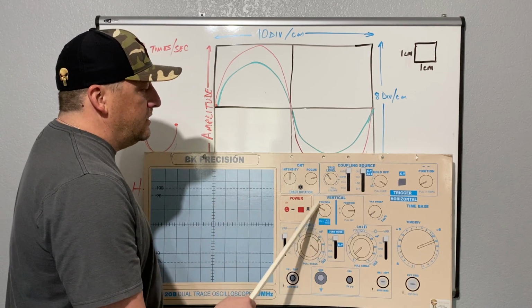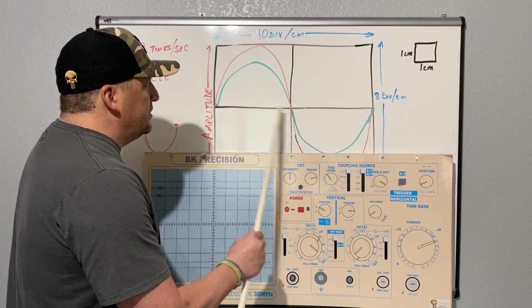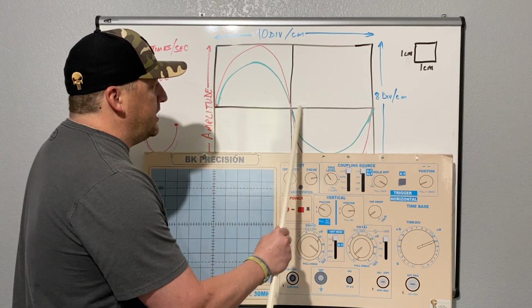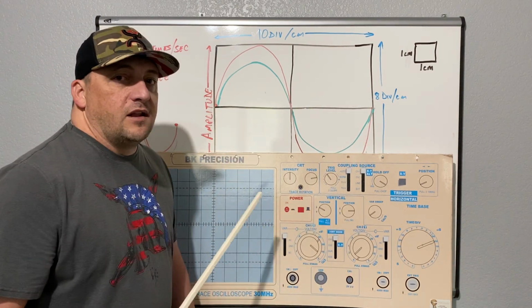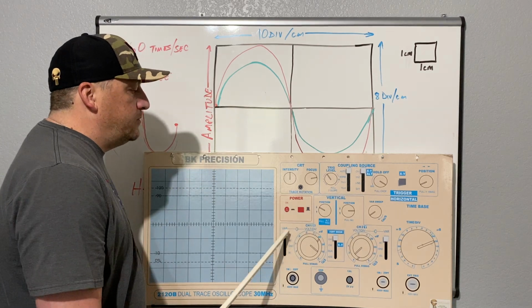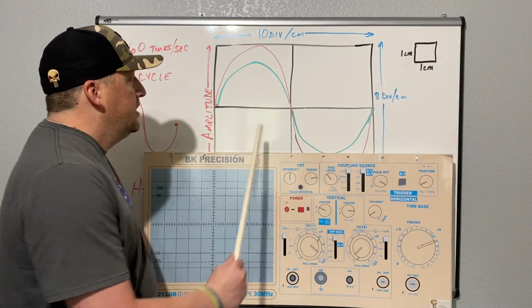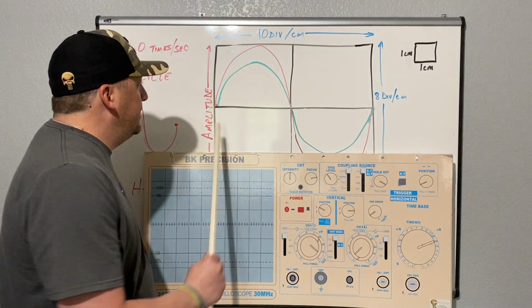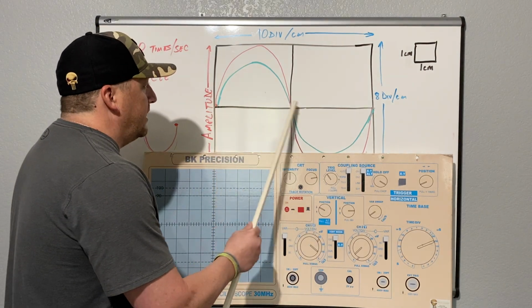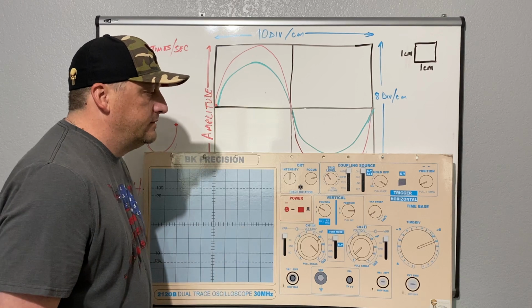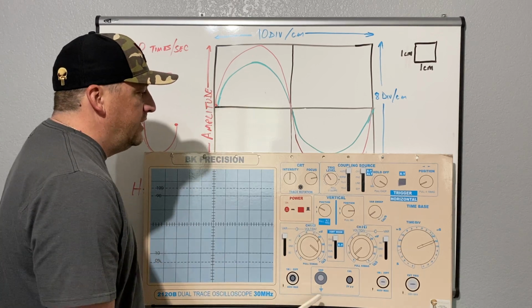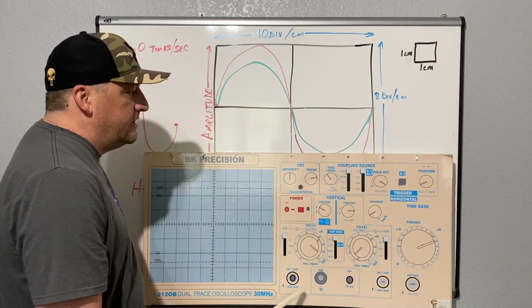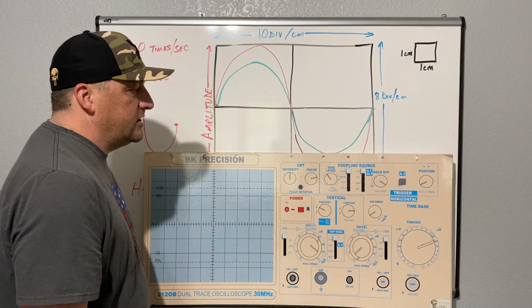And then with this position knob, you can adjust the trace to where it's right over that 0 or that center line. That way, when you switch back to your AC, you will know that the signal you've got coming in is exactly along that 0 line. So that takes care of this vertical section here.